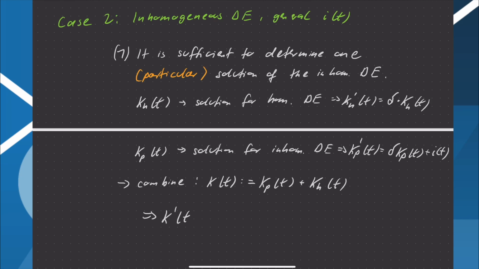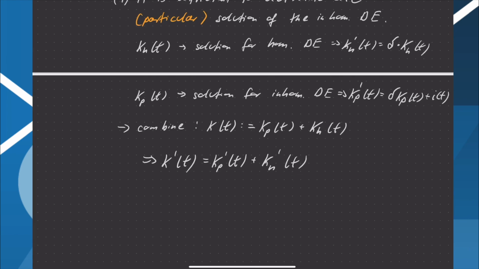So k prime of t, well, it's obviously kp prime of t plus kh prime of t. And because these are solutions, we get that kp prime of t equals delta times kp of t plus I of t, and kh prime of t equals delta times kh of t.